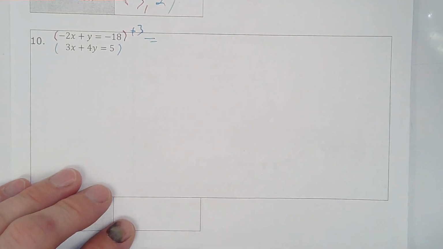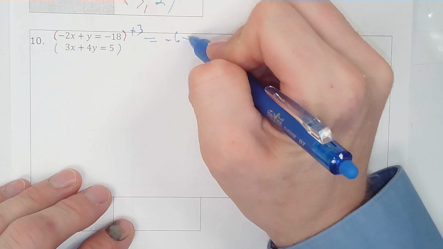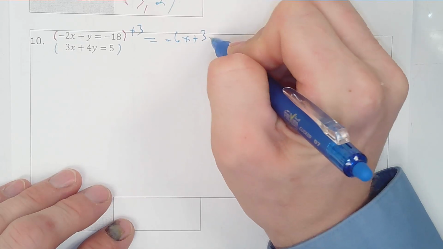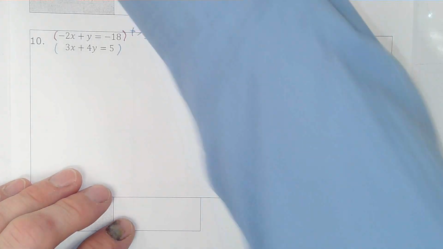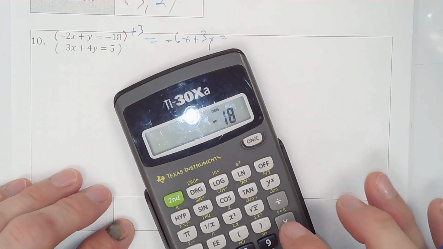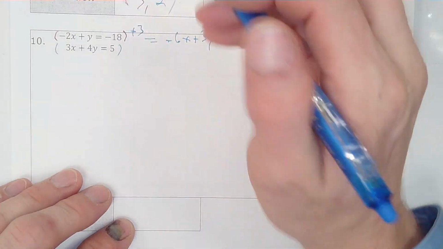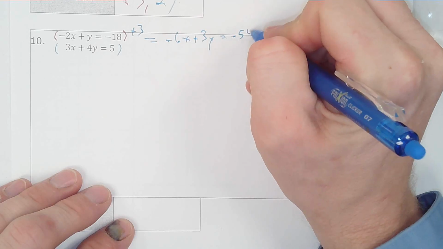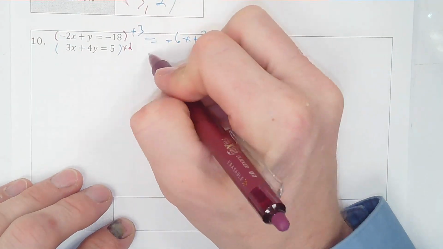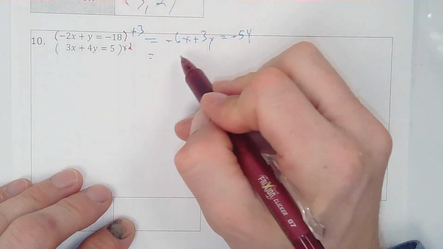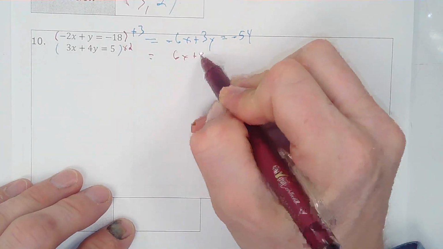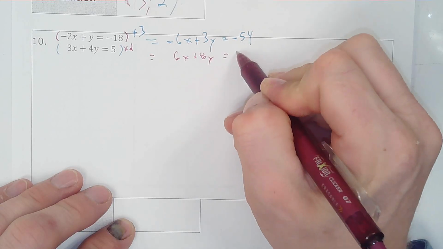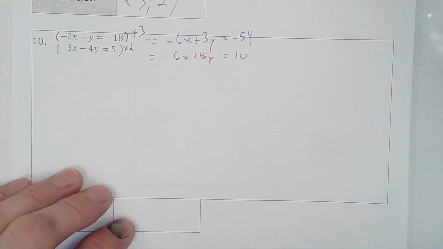So I get negative 6x plus 3y equals 18 times 3, negative 54. Okay, I'm going to multiply this one by 2. So it's going to make it 6x plus 8y equals 10. All right, these cancel out like I wanted them to.